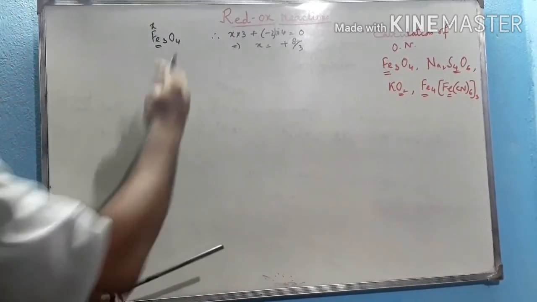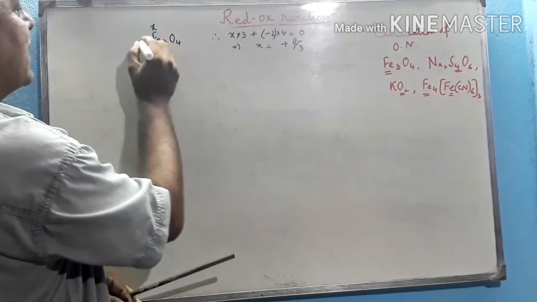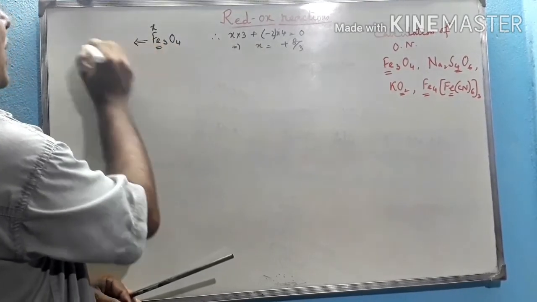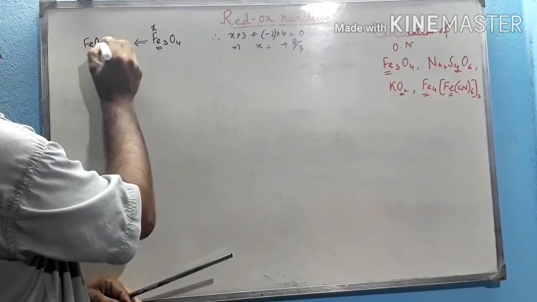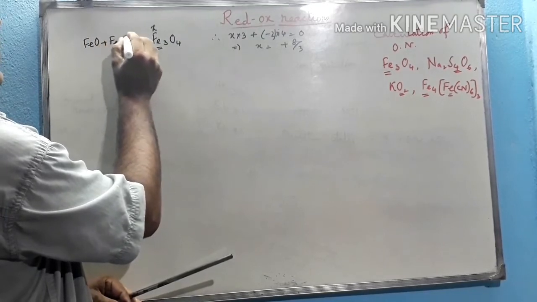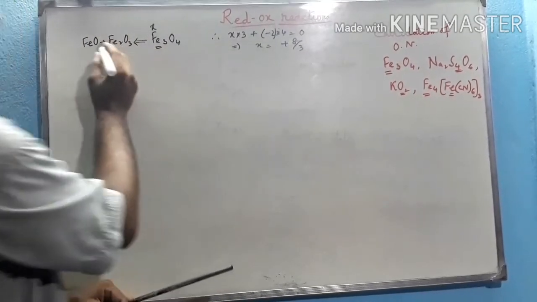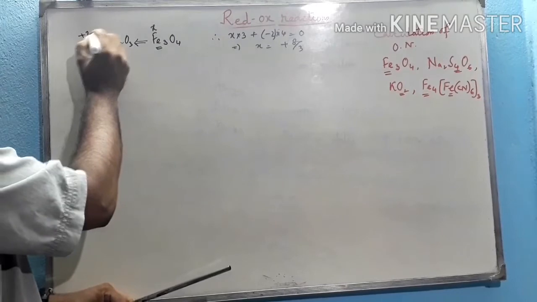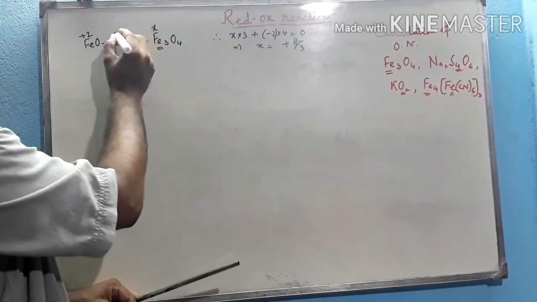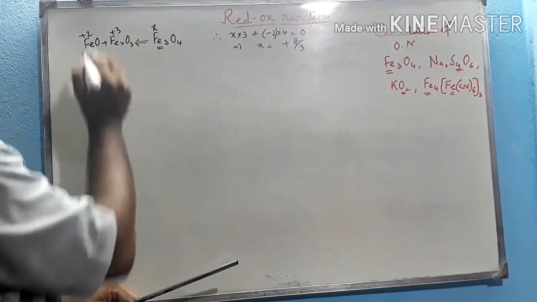So how can we explain this? Because we know that it is a mixed oxide, combined FeO plus Fe2O3. In case of FeO the oxidation number of iron is plus 2, and in case of Fe2O3 the oxidation number of iron is plus 3.